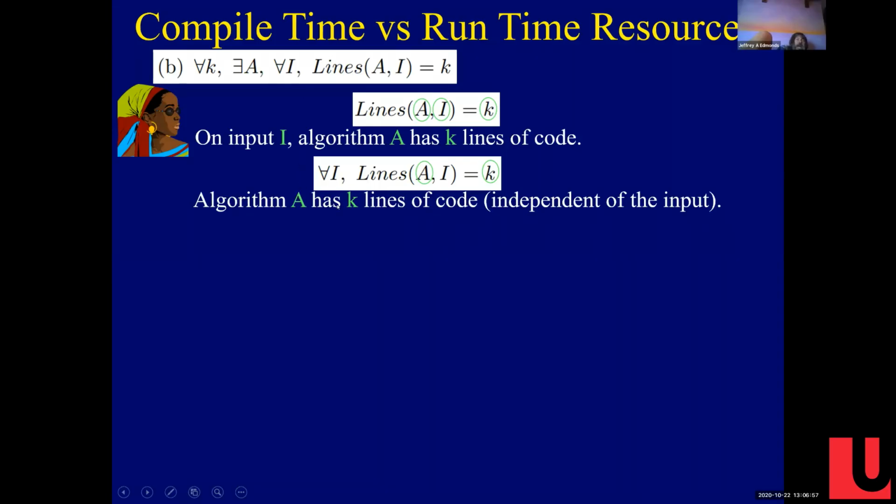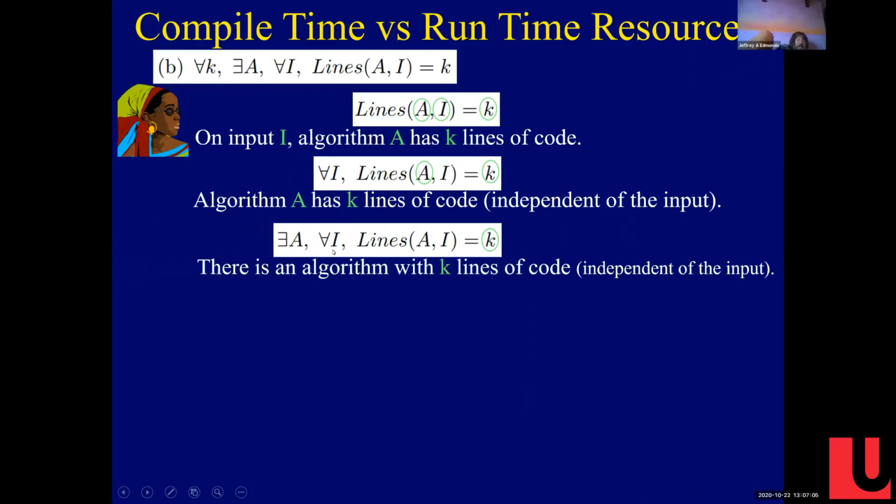So algorithm A has K lines of code, independent of the input. And then what does this say? Oh, here K is the free variable. So it says K is an integer that has a property. What's the property of the integer K? The property of integer K is that there's an algorithm with K lines of code.